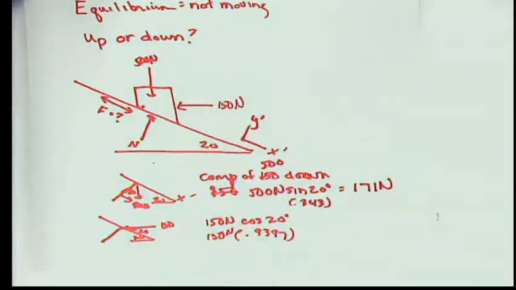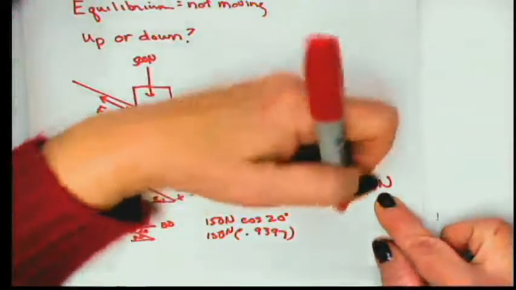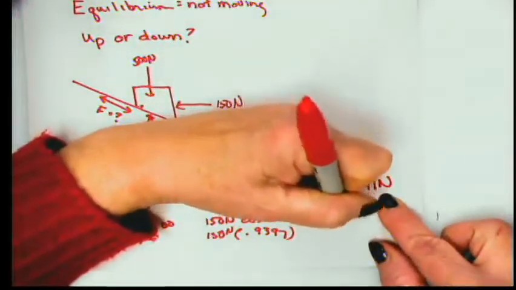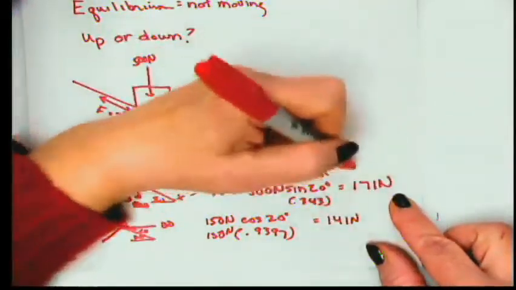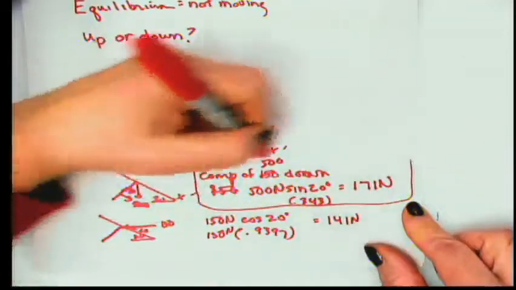And this component, I can see it's less because it's 150 times the cosine, which is 0.9397. That value is 140.955, or 141.